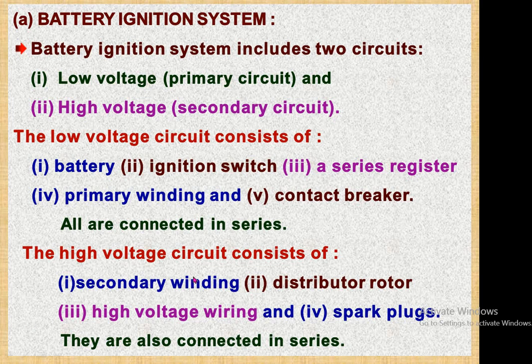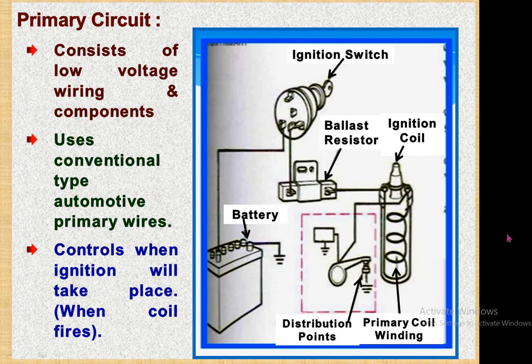In the same way as the primary circuit, all these parts are connected in series. See, this is the figure in which the primary circuit is given with different components. This is the battery, then distributor points, then primary coil, then this is the ballast resistor, ignition switch, and the ignition coil is there.